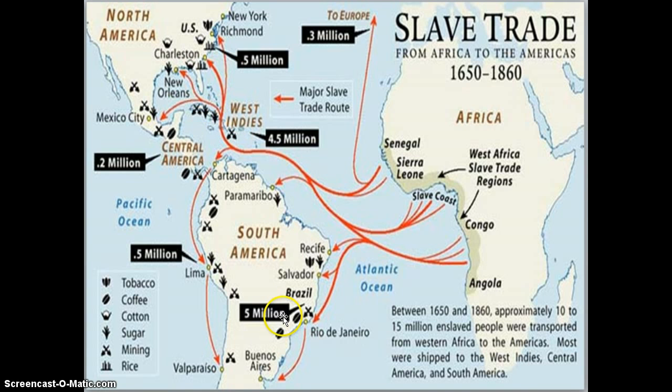And about 5 million were brought to the Brazil area. Crazy, a lot. Between 1650 and 1860, it is approximated that 10 to 15 million enslaved people were transported from Western Africa to the Americas. Most of them were shipped to the West Indies, Central America, and South America.